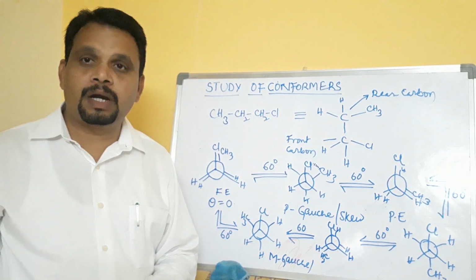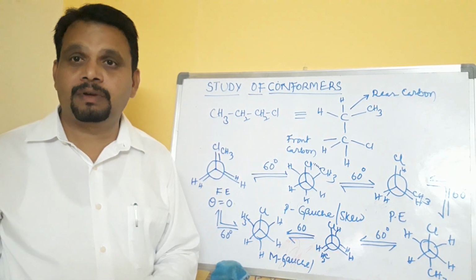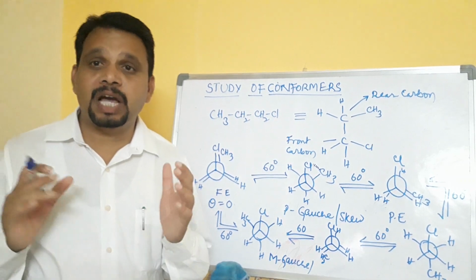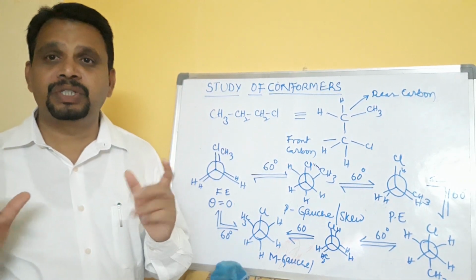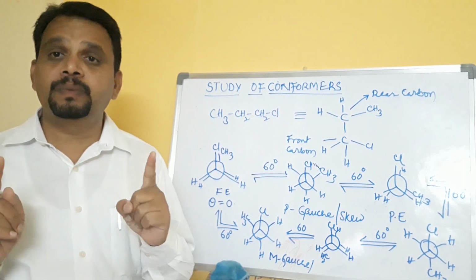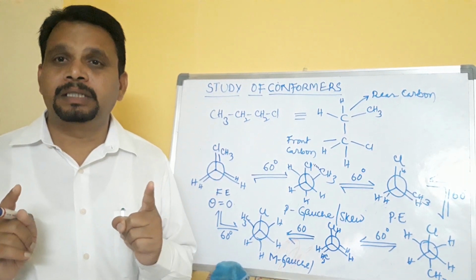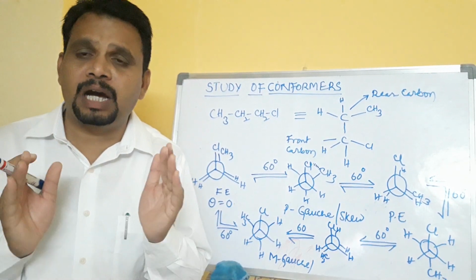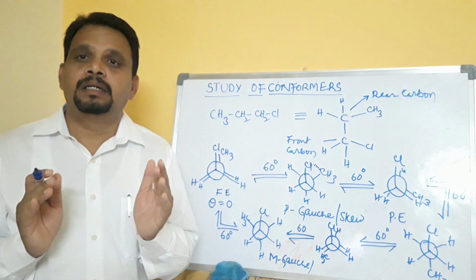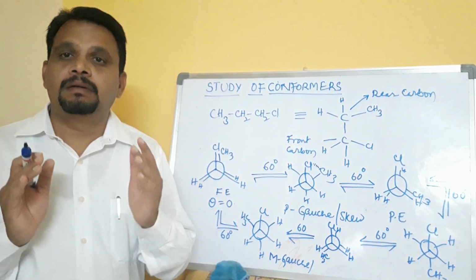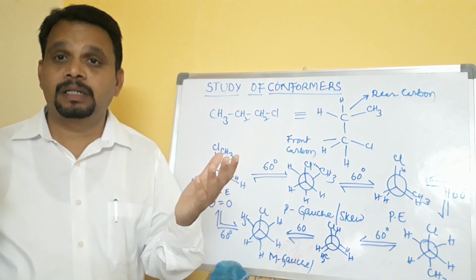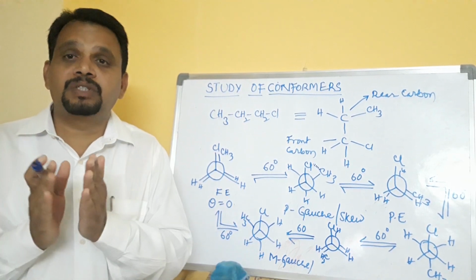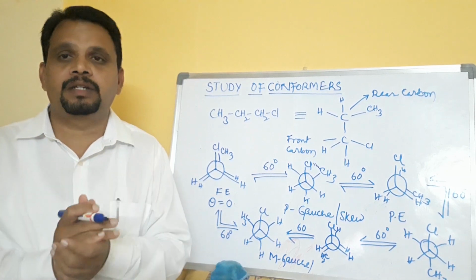I already explained to you about van der Waals interactions. There is a chance of van der Waals attraction between two groups or atoms when the distance between those groups or atoms is more than the van der Waals distance between the two atoms or groups.